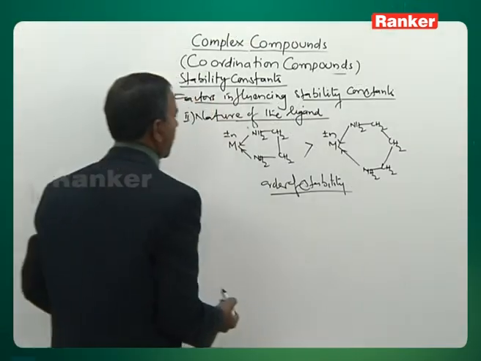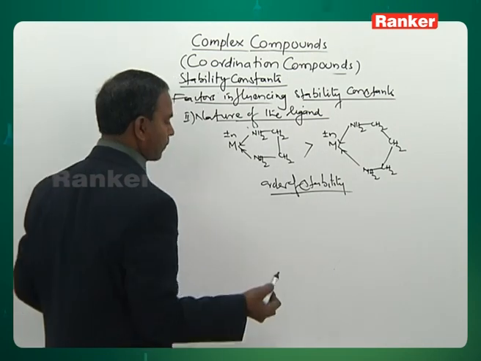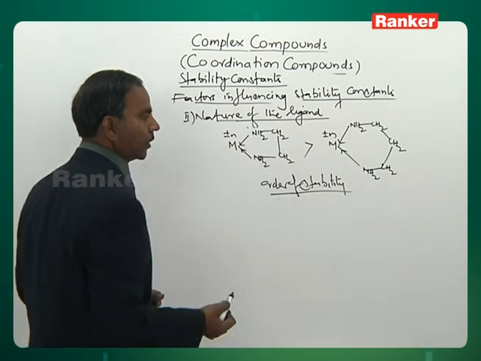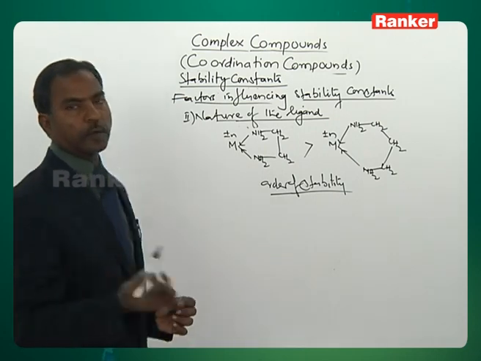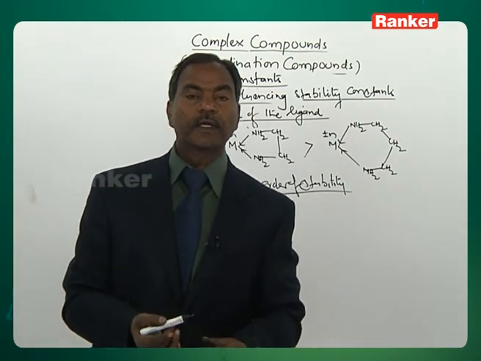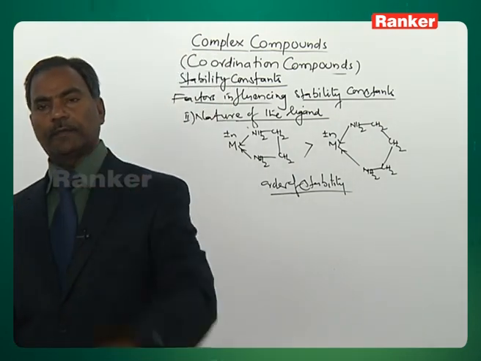Order of stability. When we talk about a 6-membered chelate ring, a 6-membered chelate ring is found to be more stable, provided the 6-membered chelate ring is an unsaturated resonance hybrid.